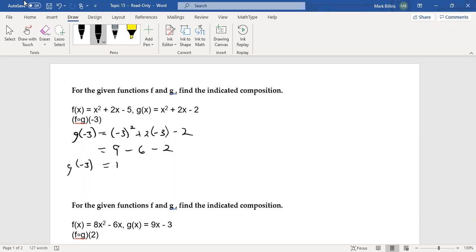So next, working from right to left, we plug the negative 3 into the g. Now we plug the answer to that problem into f. So now we're going to plug 1 in for f. So we're going to evaluate f of 1. So this becomes 1 squared plus 2 times 1 minus 5.